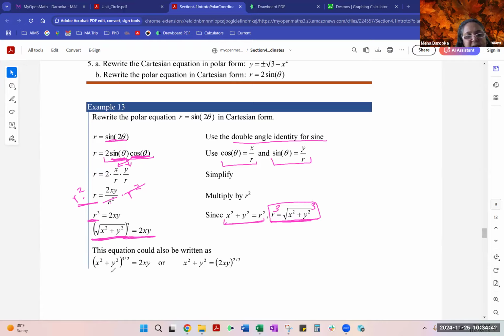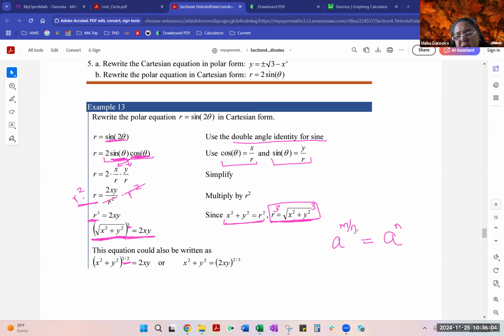Now you can leave it in that form, or you can put it in rational exponent form. So you can see that 3 is coming from here. And again, I don't know if you guys remember this from algebra, the rules of rational exponents.